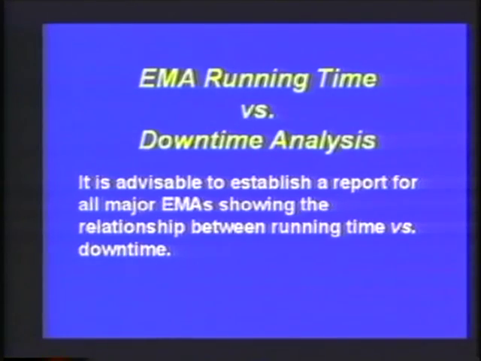Now, as I indicated a moment ago, we want to measure the running time versus the downtime. So page number 4 is addressing that. And again, EMA is equipment machine asset number. It all depends on how many of those machine asset numbers you are using.